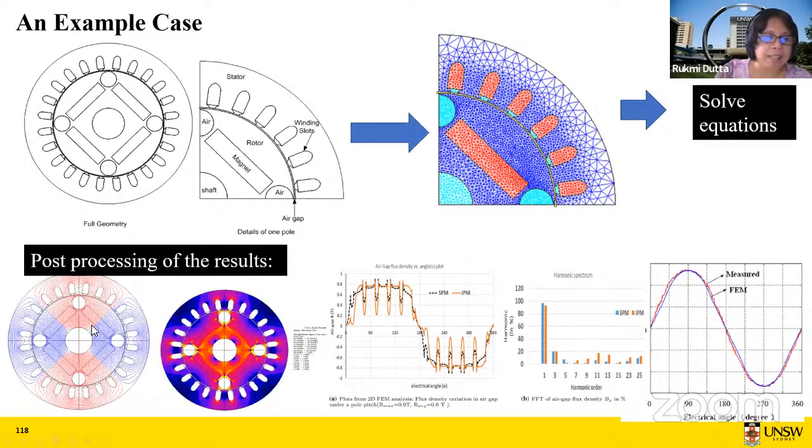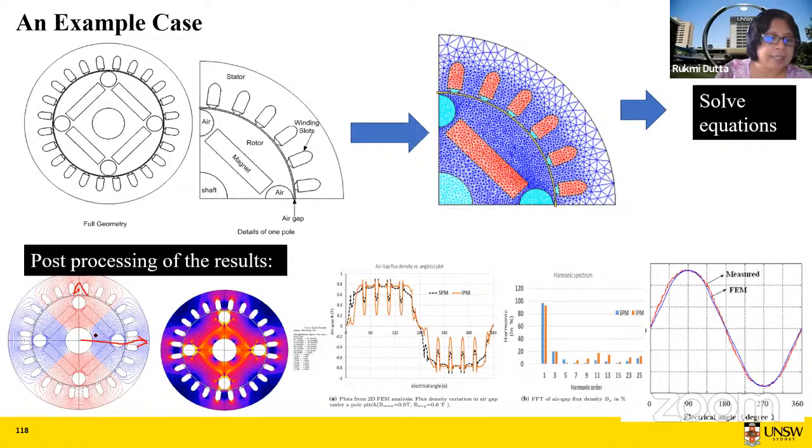In the flux path, we have the magnet. We define this as our d-axis and that as our q-axis.